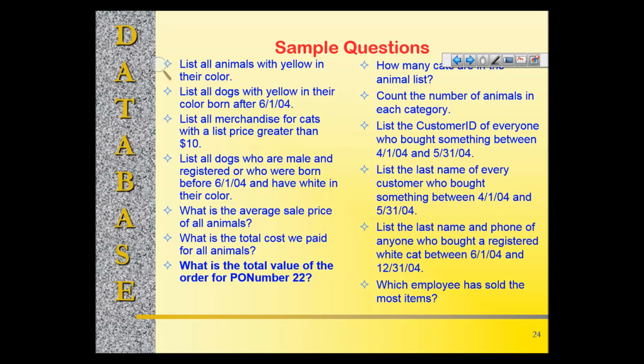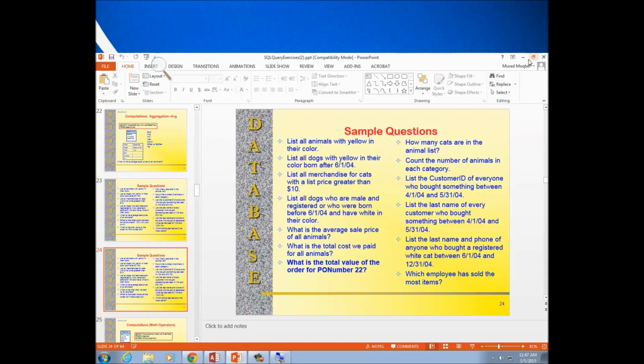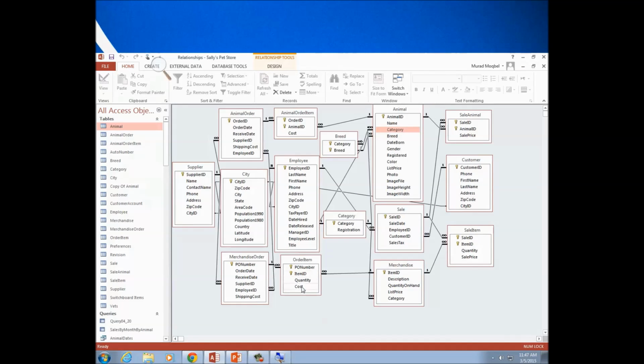What is the total value of the order for product number 22? So the total value. What do we mean by total value? Total value means quantity times cost. Is that right? We need to multiply quantity times cost.